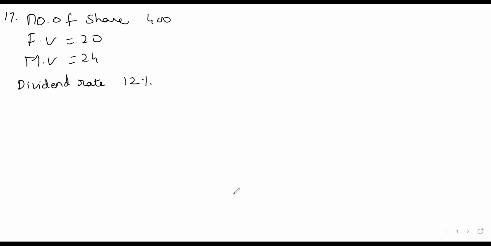So what is dividend? It is 24 into 12 divided by 100, 2.88.